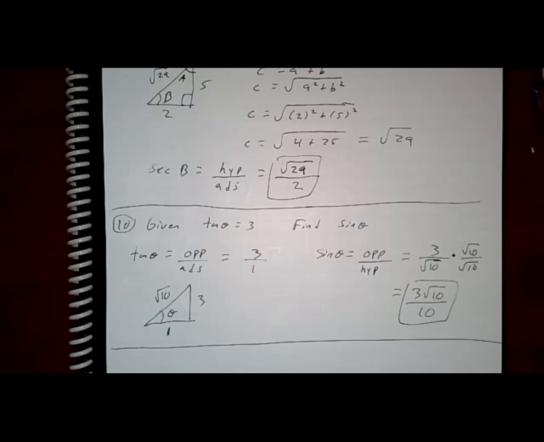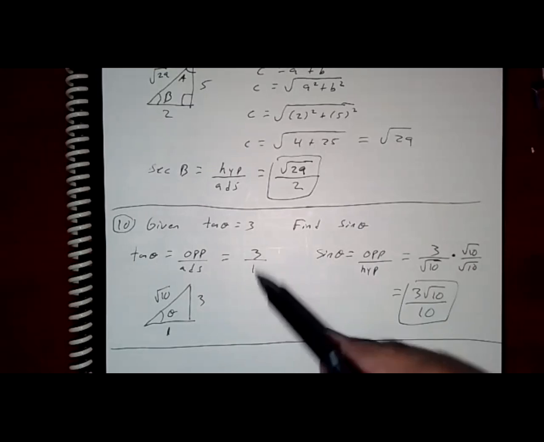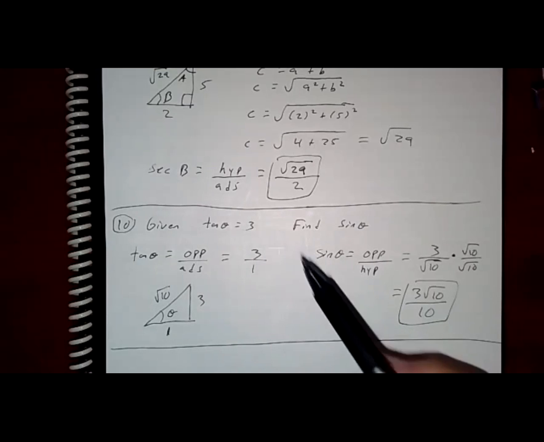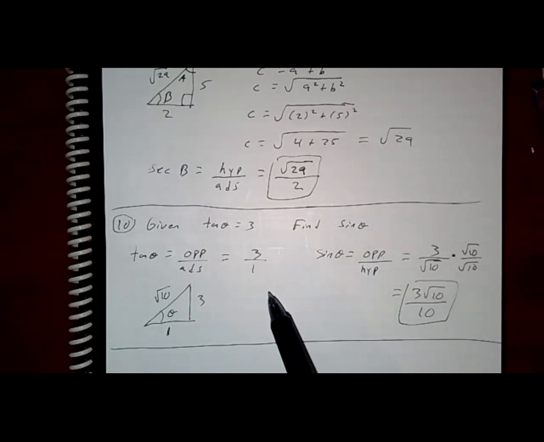Oh, sir, real quick though, because I just want to ask rather than just pretend like I know. How did the question actually give us the 1 for the adjacent? It was implied. It was not given, because we know there's always a 1 underneath any constant. So all they gave us was a 3.